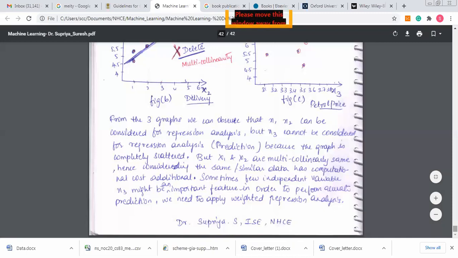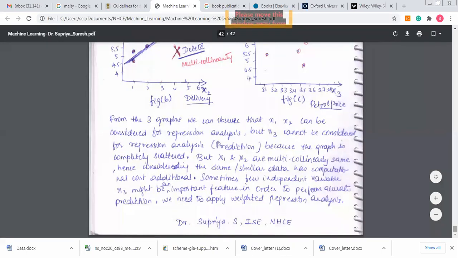Working with such data is really very difficult, so we can eliminate that in one case. x1 and x2 can be considered for regression analysis because they have a similar kind of plot and the data are not that scattered. So it is easy for us. Whereas x3 cannot be considered because the graph is completely scattered.